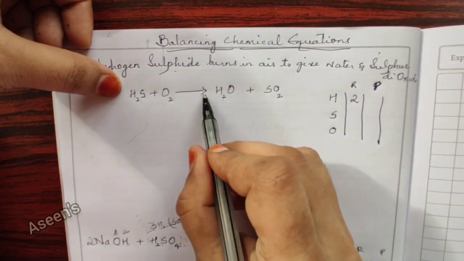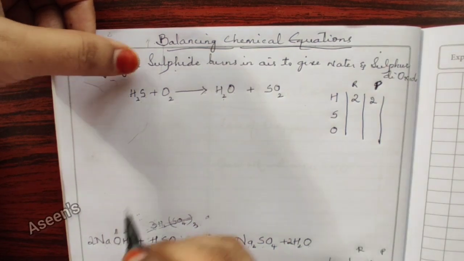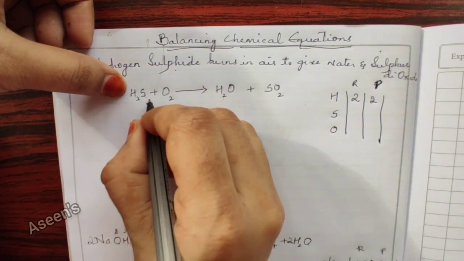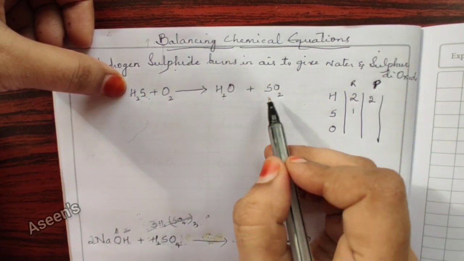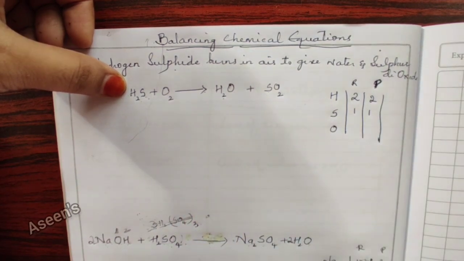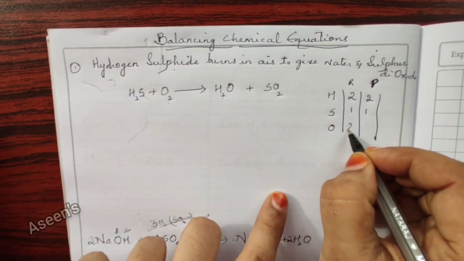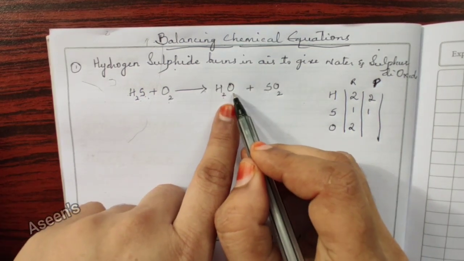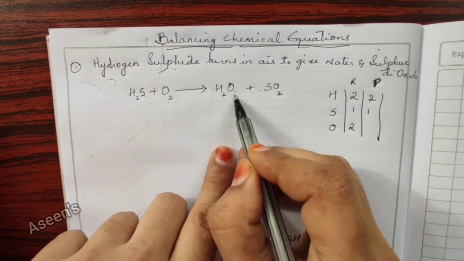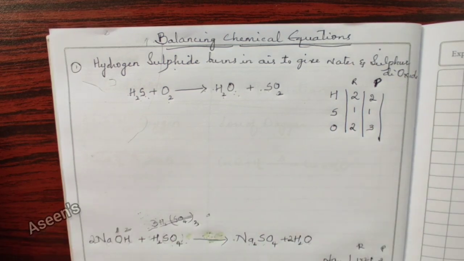On the product side again 2 1s are 2. Sulfur here no number, here no number, hence 1 1s are 1. In this case sulfur again is 1. Oxygen here is 2 1s are 2. In this case 2 1s are 2, 1 1s are 1. So 2 plus 1 is 3.